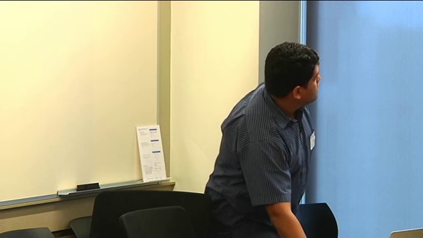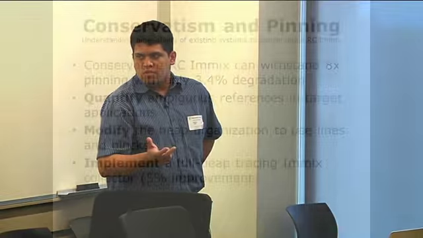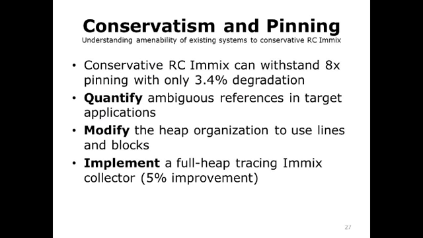All those results are for Java. So what does this mean for other languages? We also tried to evaluate how our results can help in implementing GCs for other languages. First of all, one of the major things is pinning, and how pinning affects performance. In Immix we see only 0.2% of pinning.